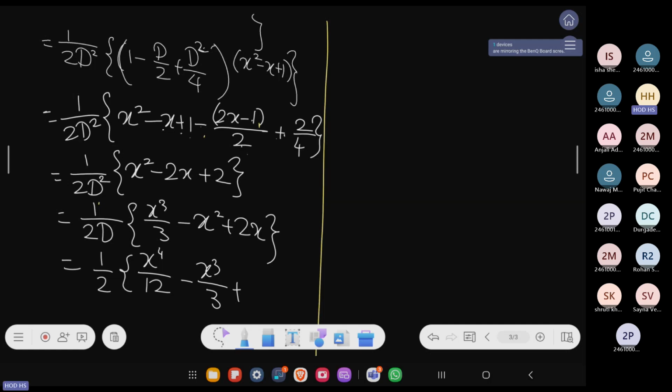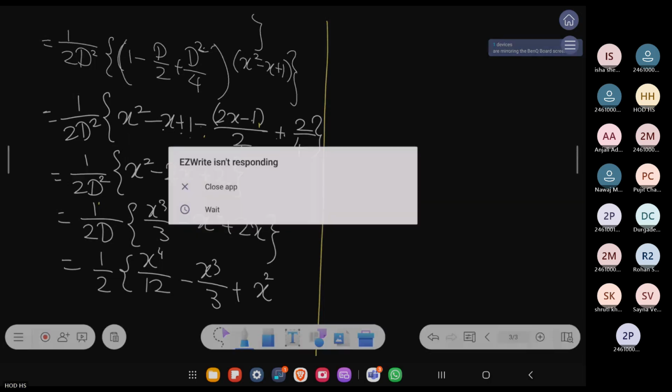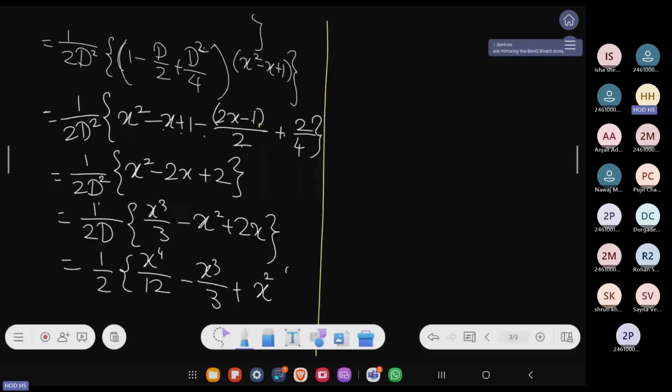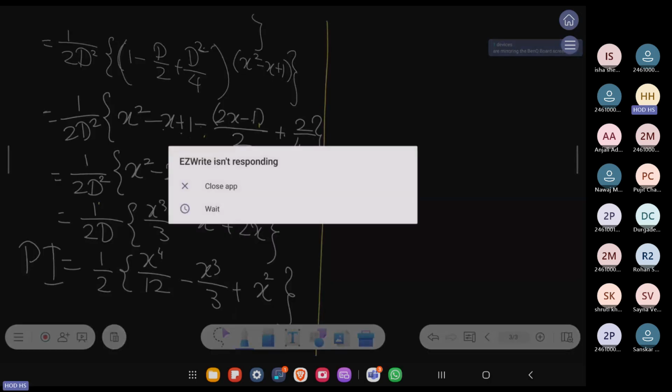Okay, this board is again not supporting, but consider I have written x square. So notice that this will be my particular integral.